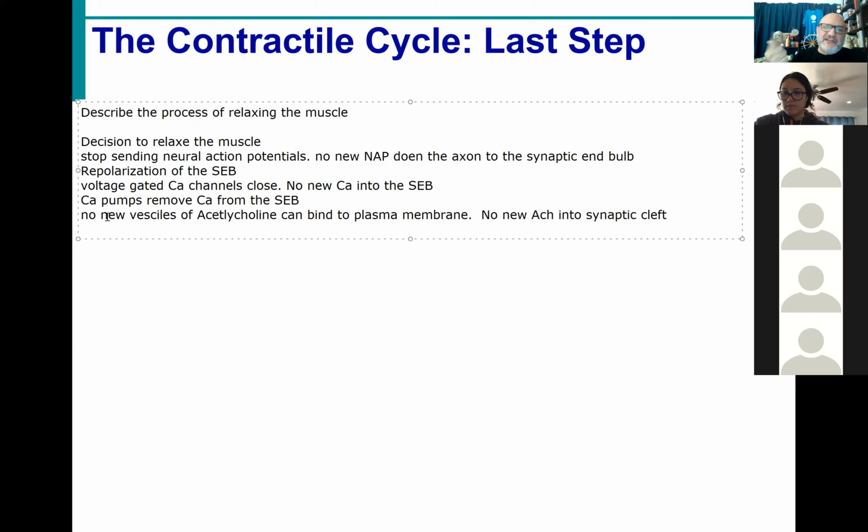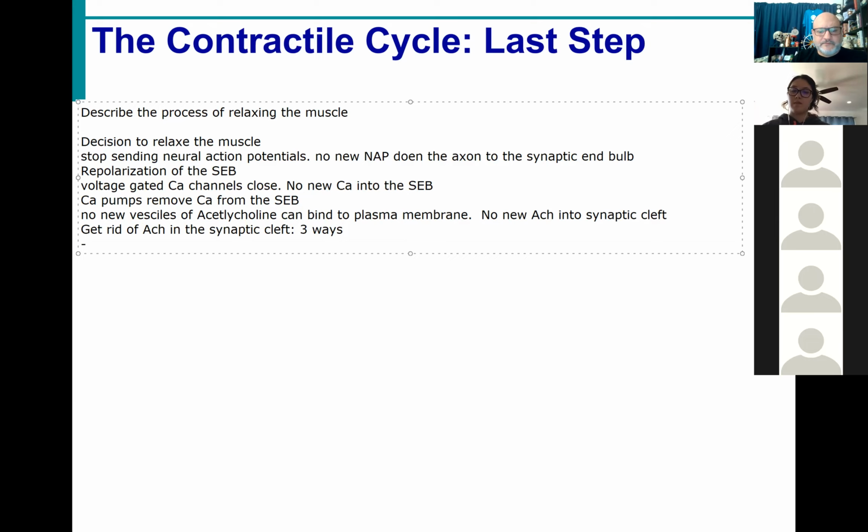However, isn't there already acetylcholine in the synaptic cleft? Yes. So we have to get rid of the acetylcholine in the synaptic cleft. How many ways do we have to do that? Three. What are they? We're going to use the enzyme acetylcholinesterase.